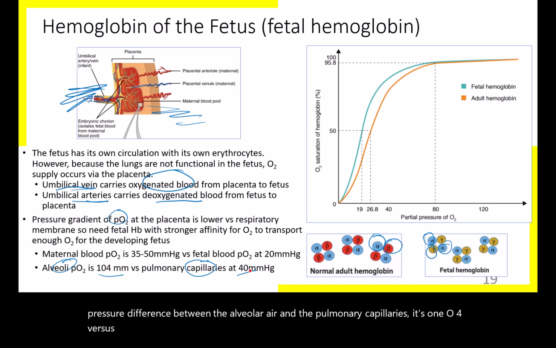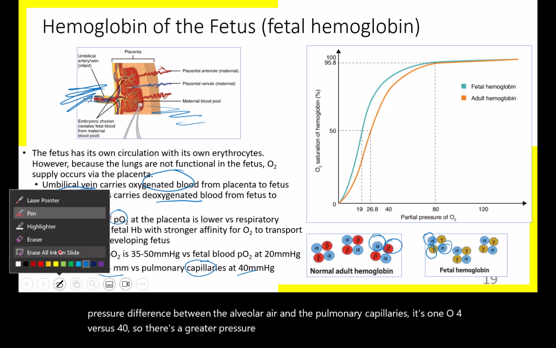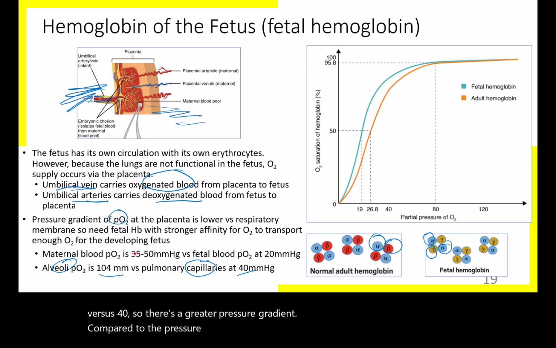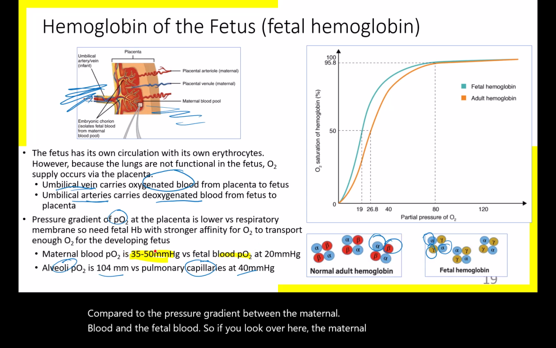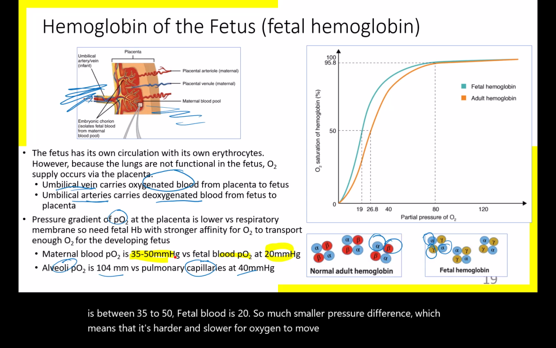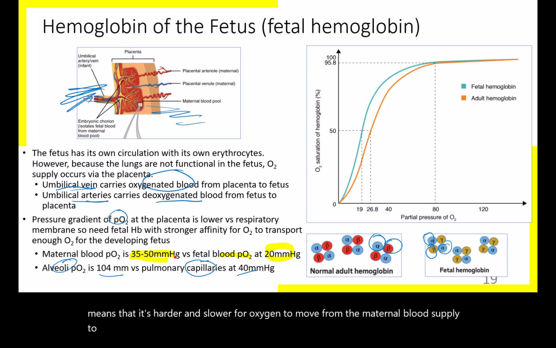So there's a greater pressure gradient compared to the gradient between the maternal blood and the fetal blood. If you look over here, the maternal blood partial pressure is between 35 to 50. Fetal blood is 20. So much smaller pressure difference, which means that it's harder and slower for oxygen to move from the maternal blood supply to the fetal blood supply in the placenta.